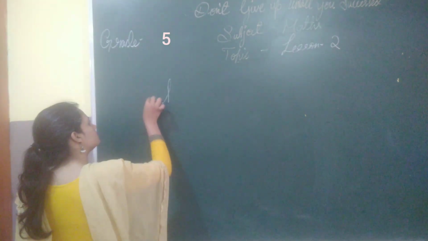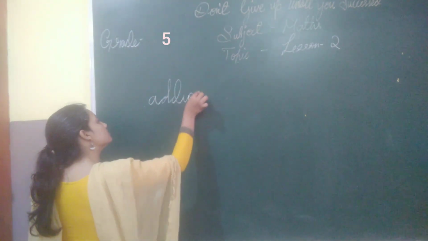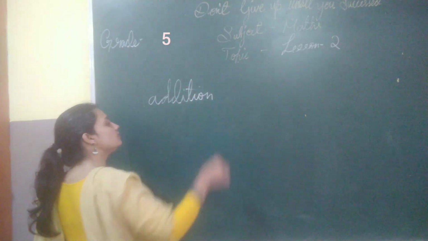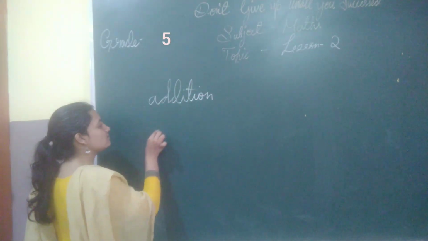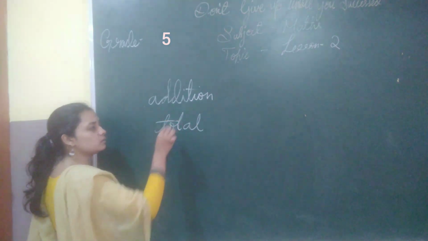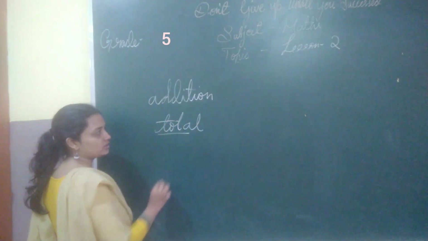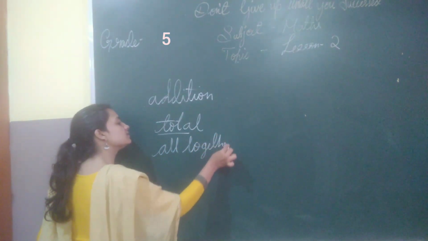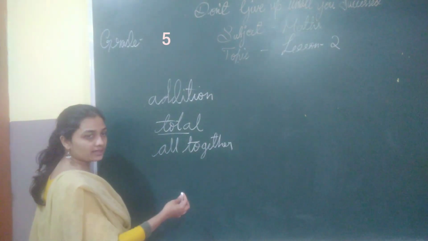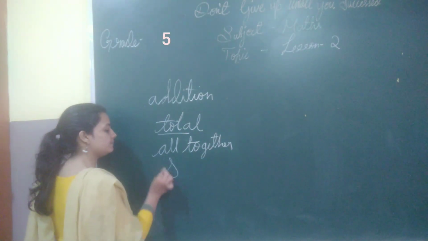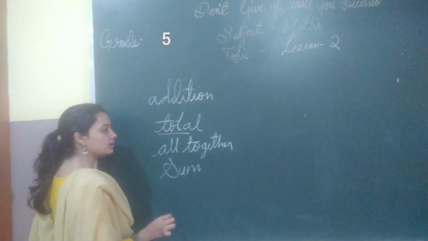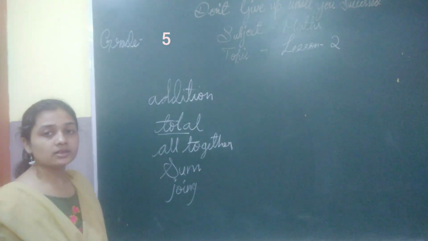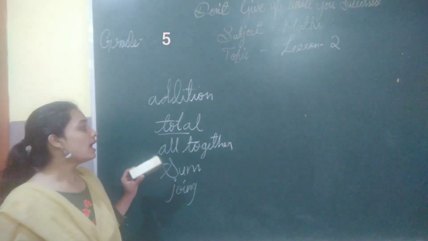For addition problems, you will have keywords like total. In the question, if you find any word saying total, all together, sum, join, then it means the problem is addition.